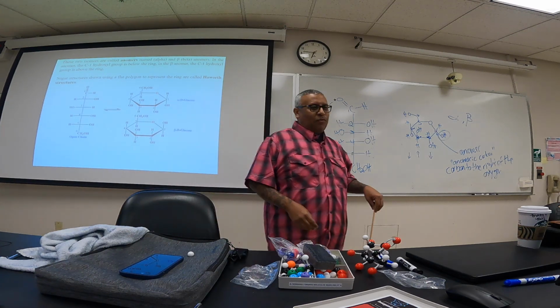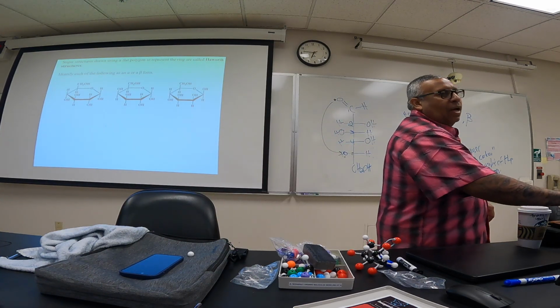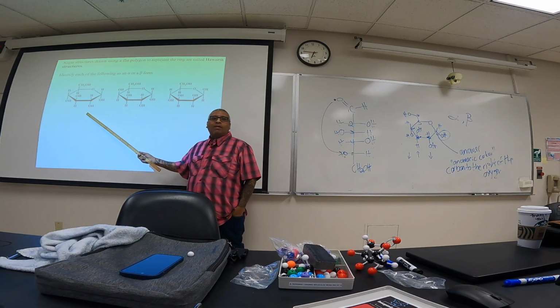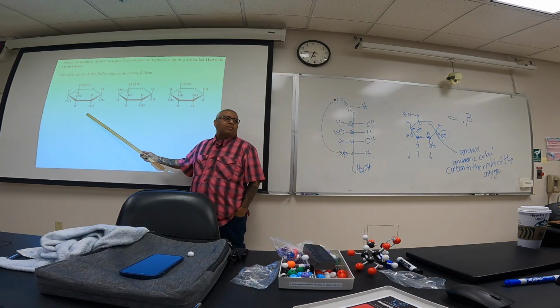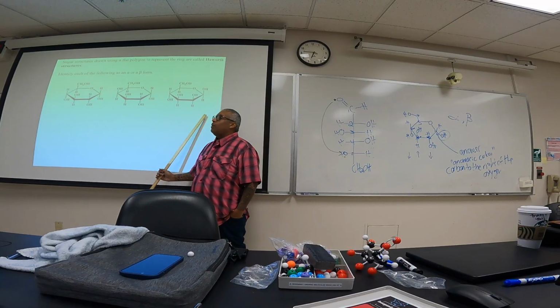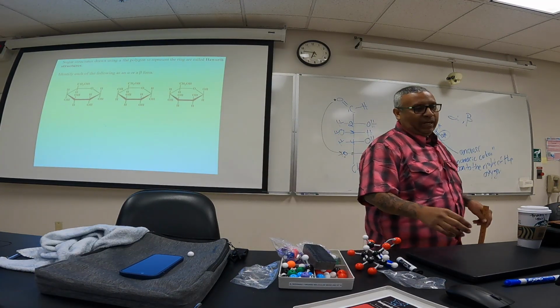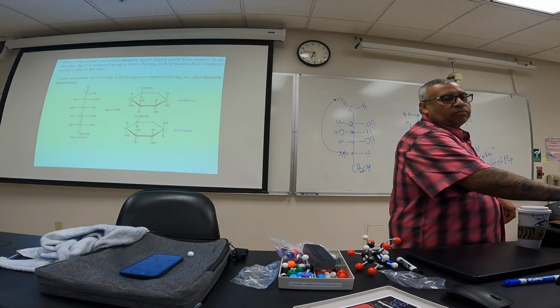If you don't have that structure, I don't know if this is D or L. I don't have the Fischer projection. All I know is that this is alpha, and this is beta. I don't know if any of these are D or L because we don't have that Fischer projection.